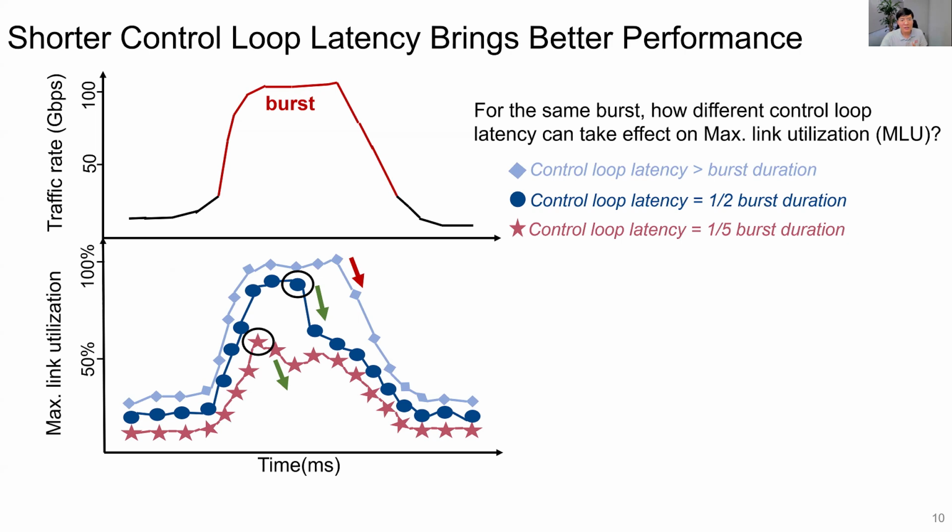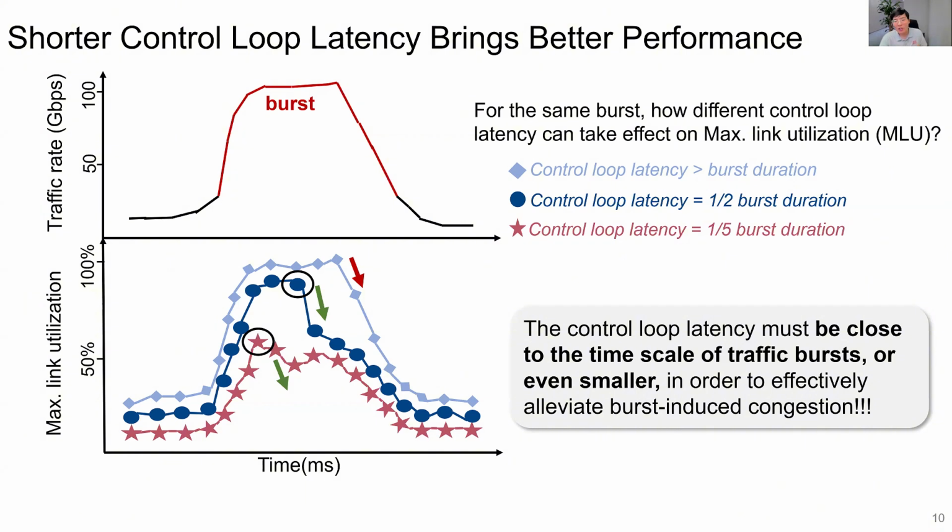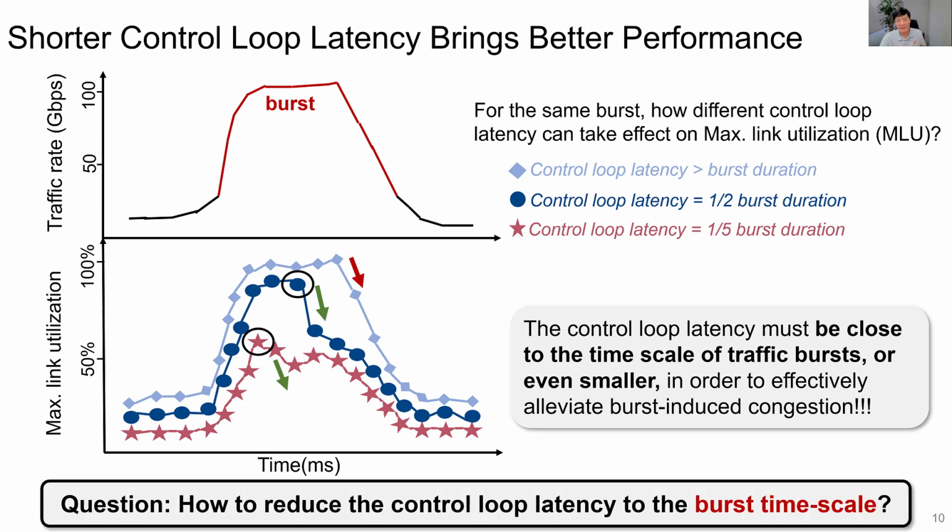And after the burst is identified, the faster we respond to it, the smaller the MLU of the network. So we claim that in order to effectively mitigate burst-induced congestion, the control loop latency must be close to the timescale of traffic bursts, or even smaller. Then our research question is how to reduce the control loop latency of the system to the burst timescale.